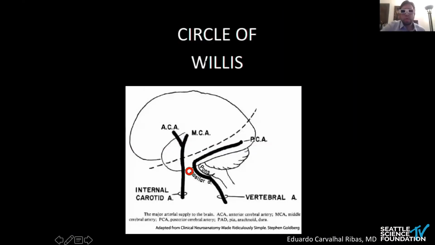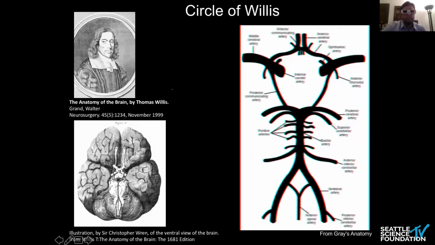There is also the circle of Willis, the polygon of Willis. The polygon of Willis is very interesting because it describes three communicating arteries. They are really communicating the anterior system with the posterior system, the left vessels with the right vessels. The anterior communicating artery is a single one, and it connects both ACAs, both anterior cerebral arteries.